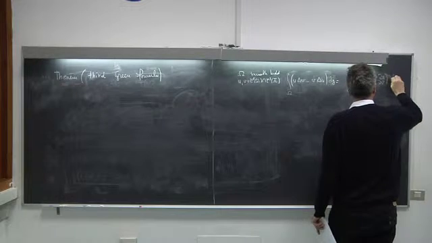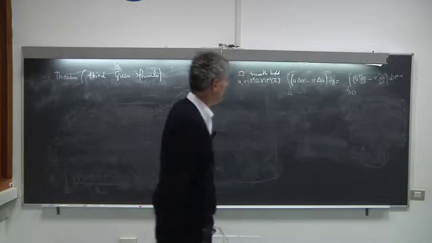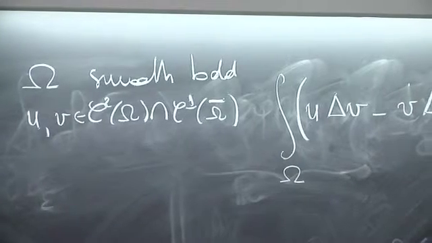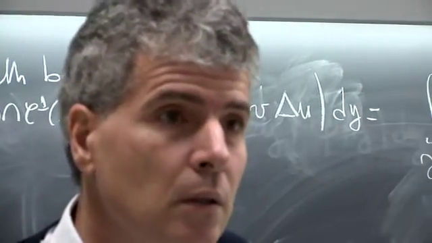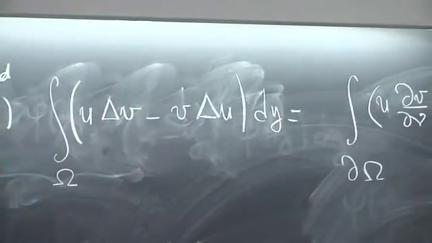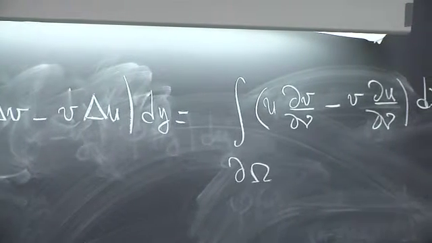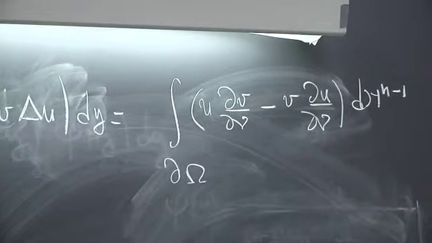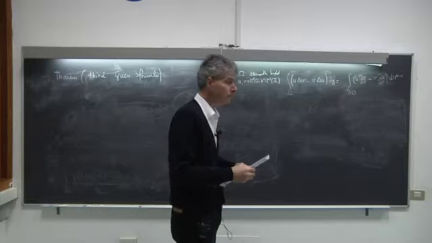So please check in your notes if the signs are correct. Pardon? Boundary of omega. Should be Lipschitz or omega smooth and bounded, or also Lipschitz is enough, but let me take it smooth, C1, C2, whatever, for the moment, okay?